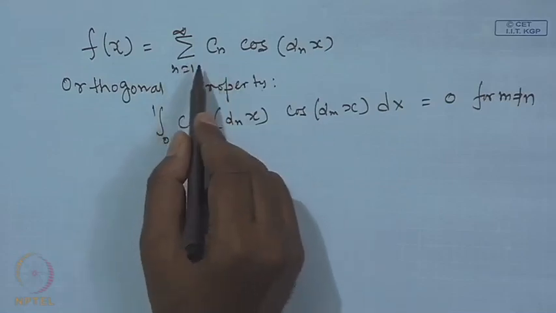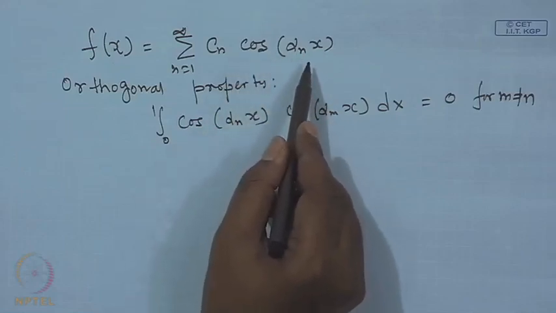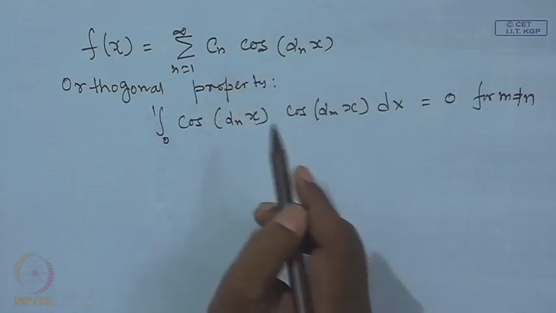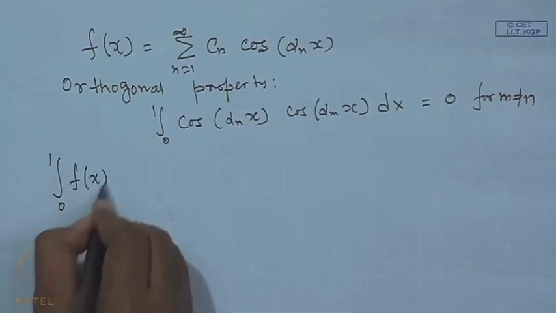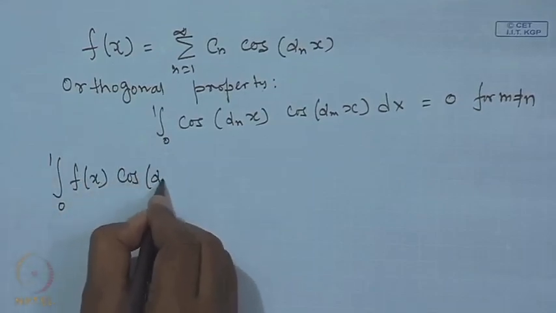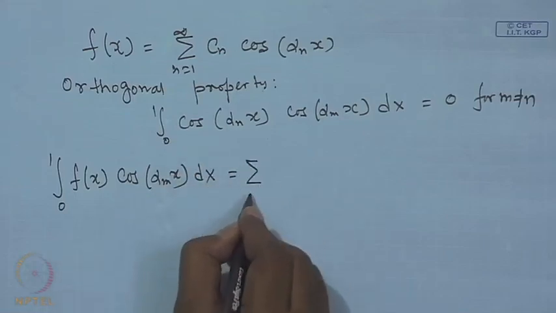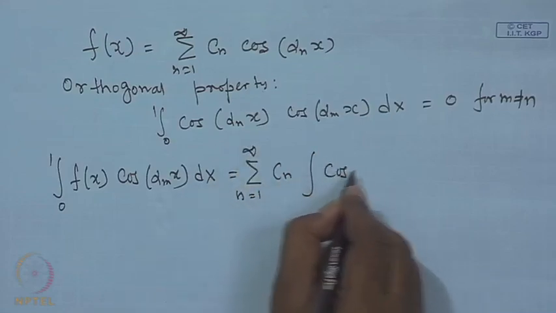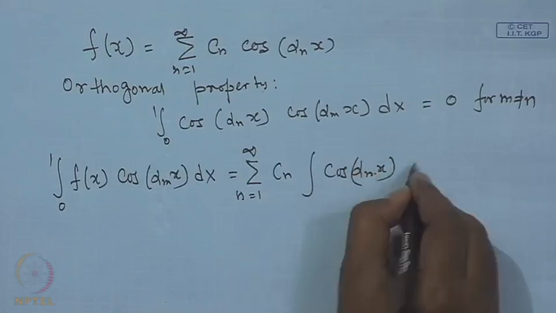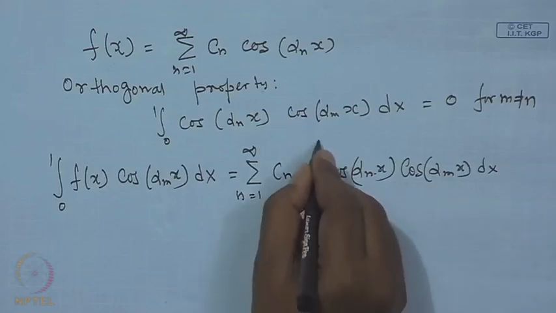So, therefore, if we multiply both sides by cosine alpha m x dx and carry out the integration from 0 to 1, see what you get. So, we multiply both sides by cosine alpha m x dx and carry out the integration over the 0 to 1 domain of x. So, summation n is equal to 1 to infinity C n integration cosine alpha n x cosine alpha m x dx from 0 to 1.